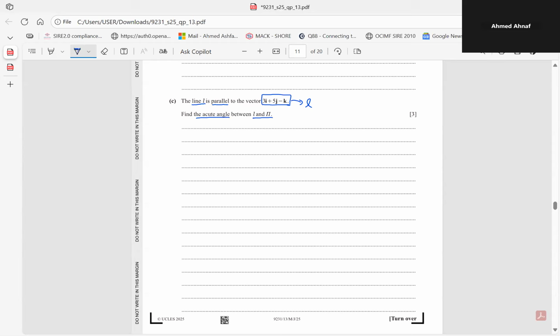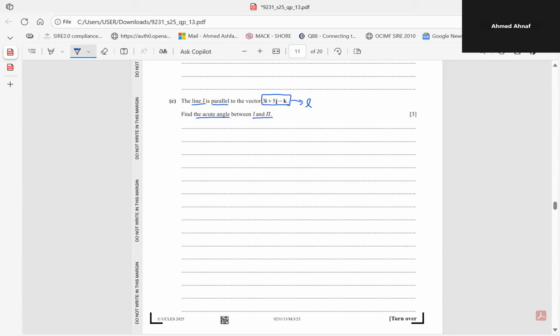So again, let's draw a diagram, like a side view of it. So we'll let this be our plane pi, and we'll let this be L. So this is obviously the normal vector to the plane, and we're interested in finding this angle.